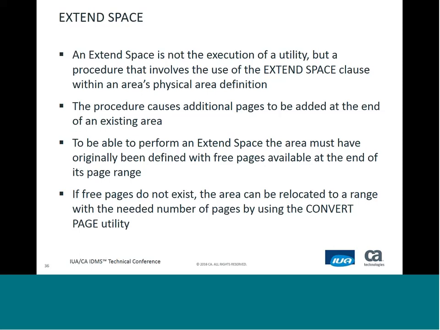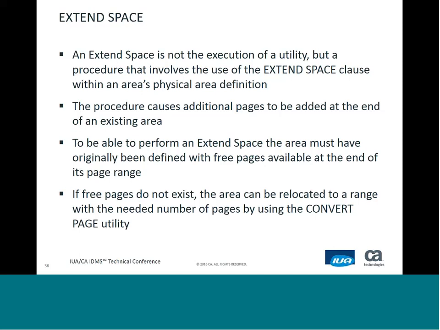But basically all we're doing is keeping the original information in the first 1,000 pages with the example I gave you, and then allowing new data to more or less overflow into the new pages. Now, to be able to do an extend space, you have to have free space available at the end of an area's page range.